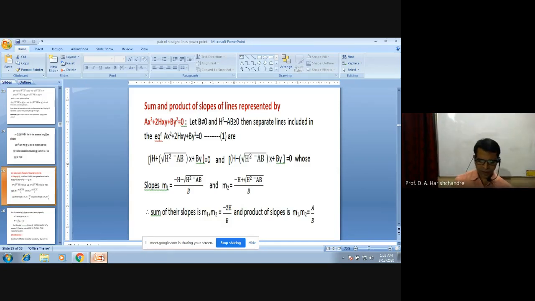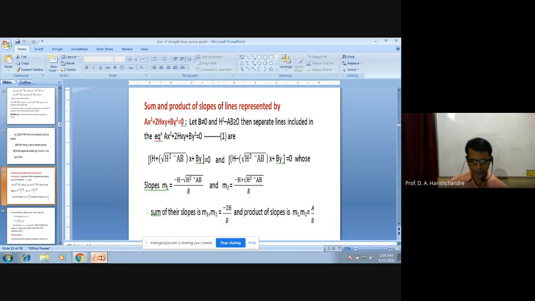Let us assume that in the equation ax square plus 2hxy plus by square is equal to 0, b is not equal to 0 and h square minus ab is greater than or equal to 0. Then under this condition, what are the two separate lines included in the given homogeneous second degree equation that you already discussed in the previous article?